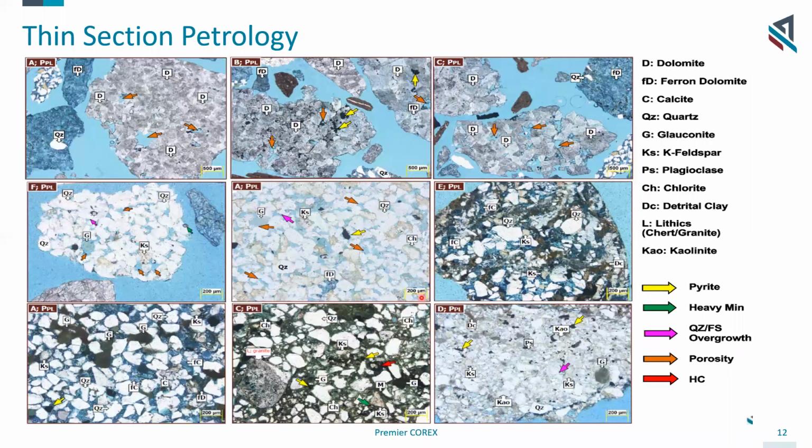We've got different minerals identified in these examples. We've got some detrital clay down here, plagioclase, kaolinite. Up here we've got dolomite, and there we've got porosity, these are the pore spaces.